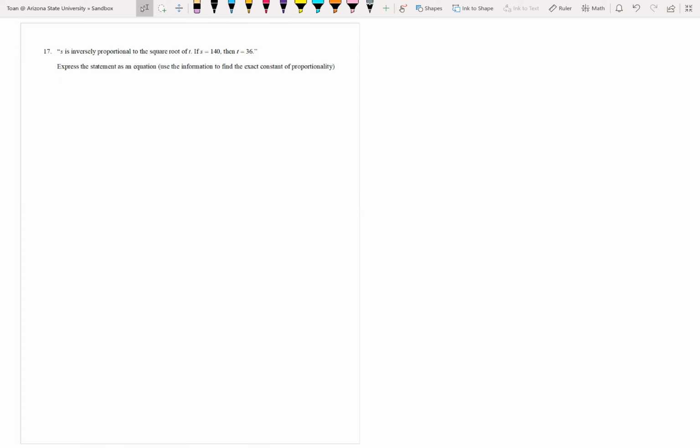Number 17 is a proportional statement. So again, just to refresh our memories, the key words to look for are directly and inversely. They could say proportional, they could say variation, but if they say directly, the way you set it up is the first variable equals k, the second variable.